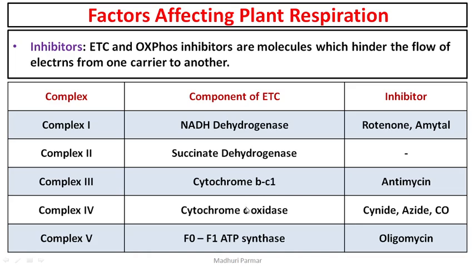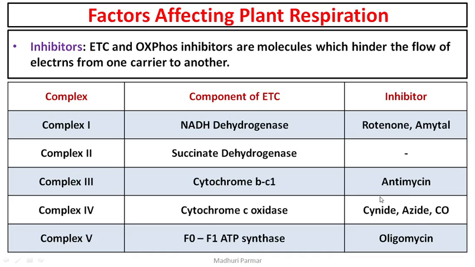It will take up that electron from the cytochrome C to itself. The cyanide will accept the electrons and become the terminal electron acceptor. So that oxygen will not get converted into water, and the whole electron transfer will get blocked.